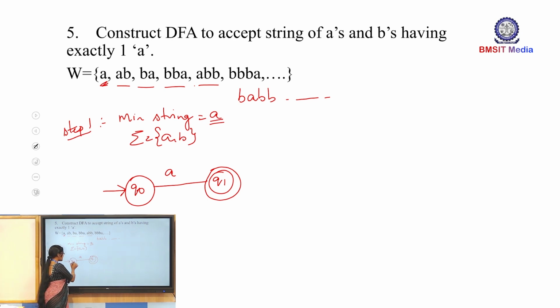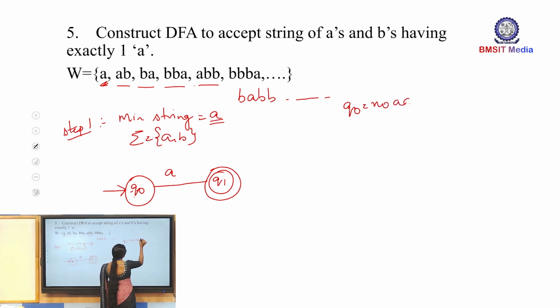Now let me start with the start state. Now I'm here in Q0. What happens if I'm seeing a B here? Before that, let me write this down. When I'm in the state Q0, there is no acceptance; initially you don't accept anything, and you are there in the state Q0.